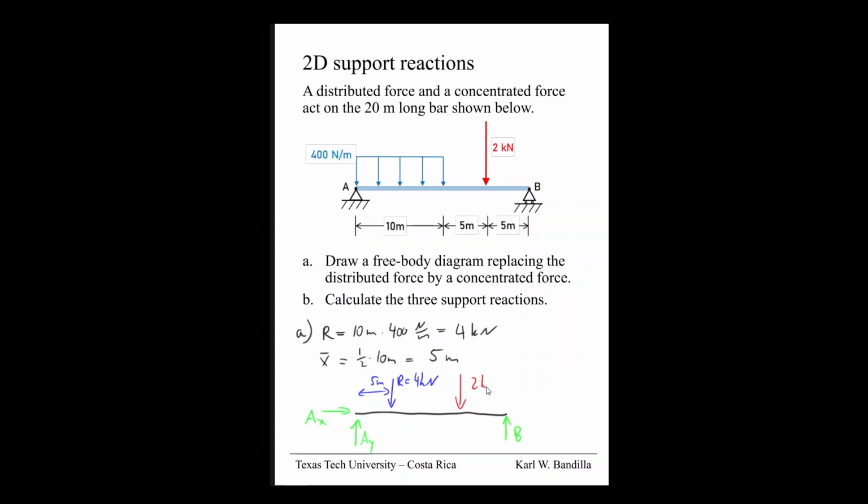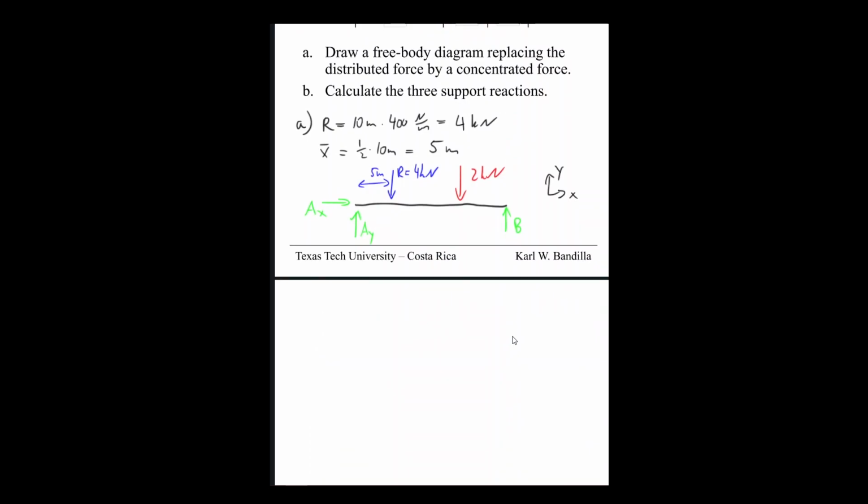That is 2 kilonewton. And then we should add ourselves a coordinate system, X and Y. And with that, we are done with our free body diagram. We have all the distances from up there.